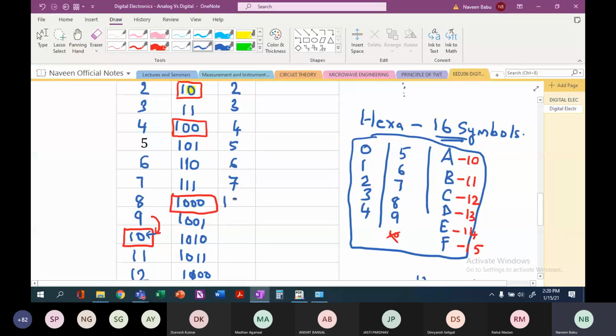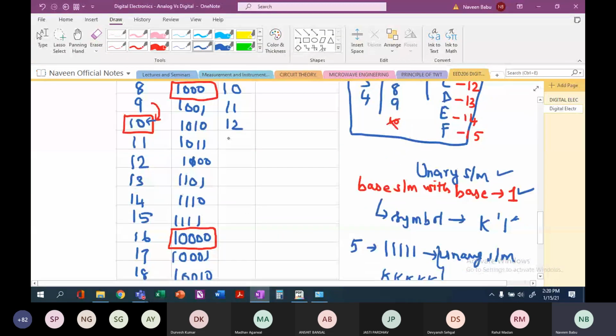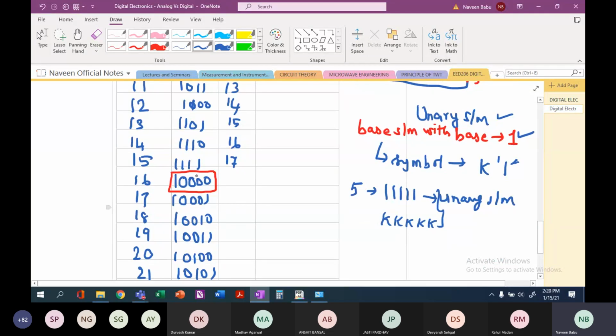Then it repeats as 10, 11, 12, 13, 14, 15, 16, 17. Now we are exhausted with our symbols again. So now what happens is after 17, my 1 gets incremented to 2 and 7 gets reset to 0.